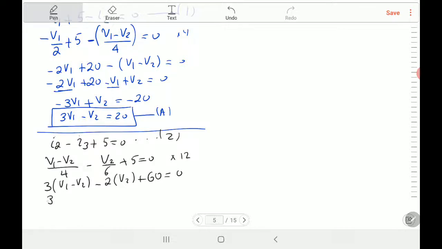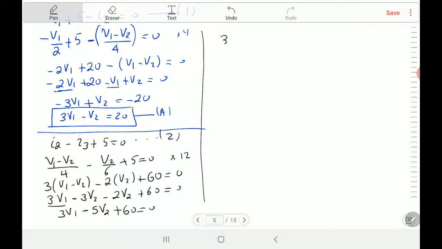Now simplify. 3V1 minus 3V2 minus 2V2 plus 60 equals 0. Collect the terms: you have 3V1, and for V2, minus 3V2 minus 2V2 is minus 5V2, plus 60 equals 0. I will go here and continue.